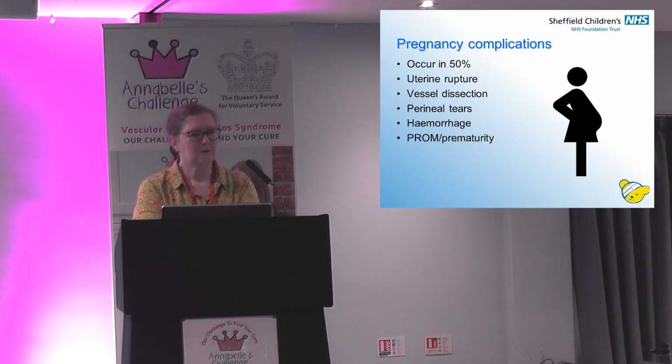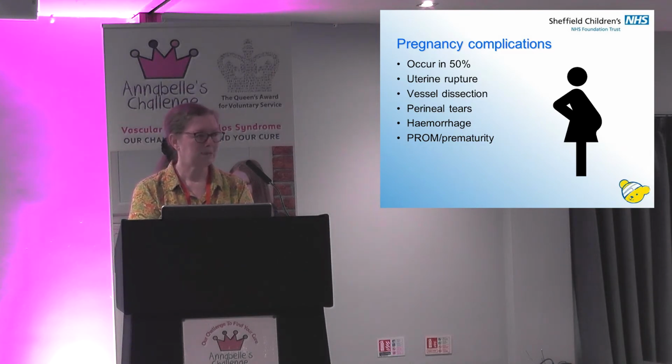And then pregnancy complications. As we said, uterine rupture is a major criteria. We found that pregnancy complications do occur in about 50% of our patients. Uterine rupture is very, very rare. Vessel dissection is also quite rare, but those are obviously the most concerning in terms of medical problems.